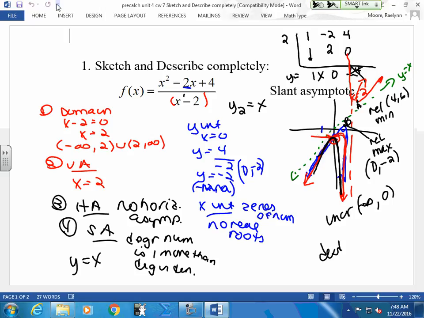Then from 0 to where am I decreasing? 2. No, +2 right here. I'm on this leg right here. I'm decreasing. Then what am I doing? From here, from my start up here, what am I doing? Decreasing. From where to where? 2 to 4.